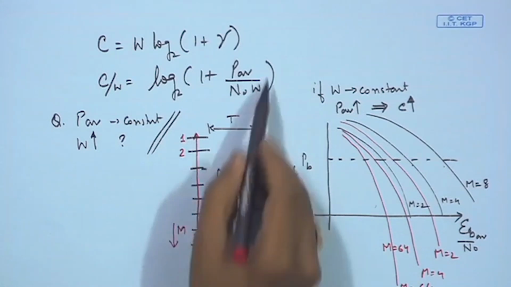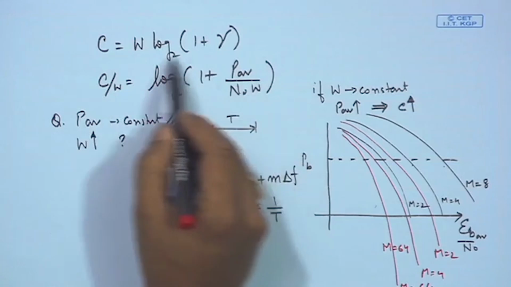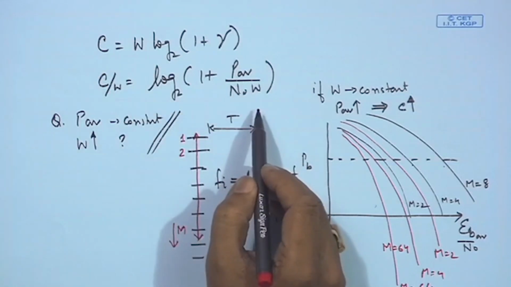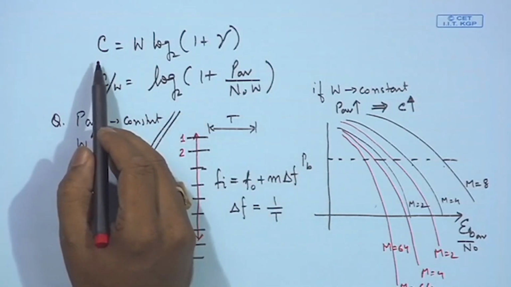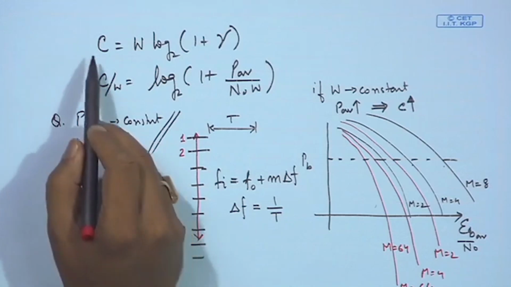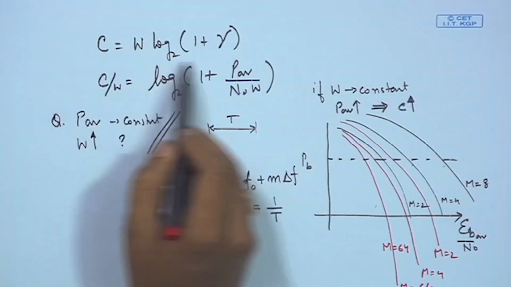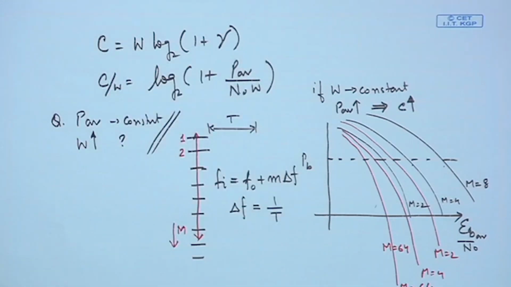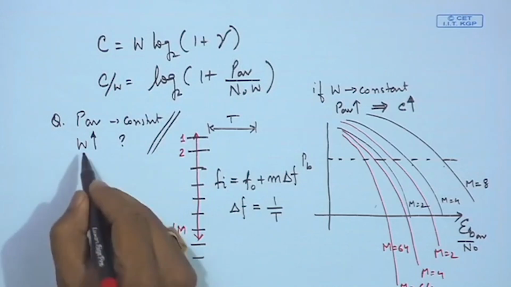So, by seeing this expression, which gives an ultimate limit on the maximum bits per second that can be sent with almost negligible error in the communication system, we are interested in seeing if this expression could give us some results of our interest.